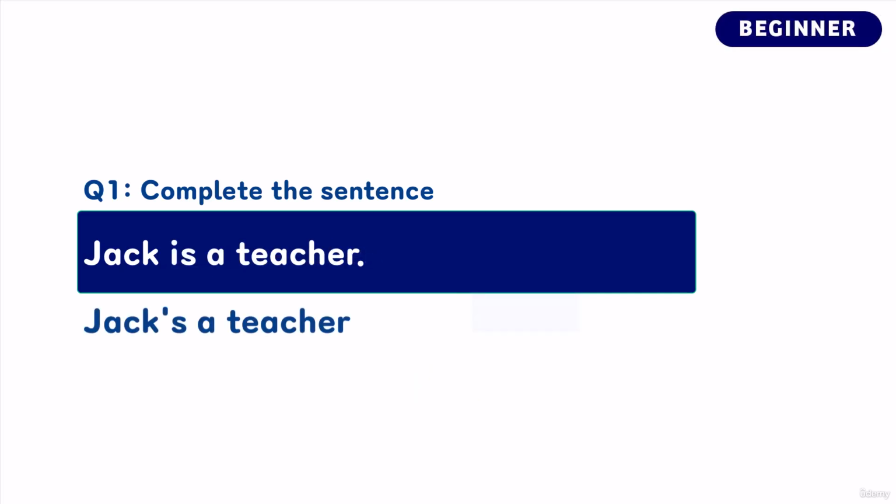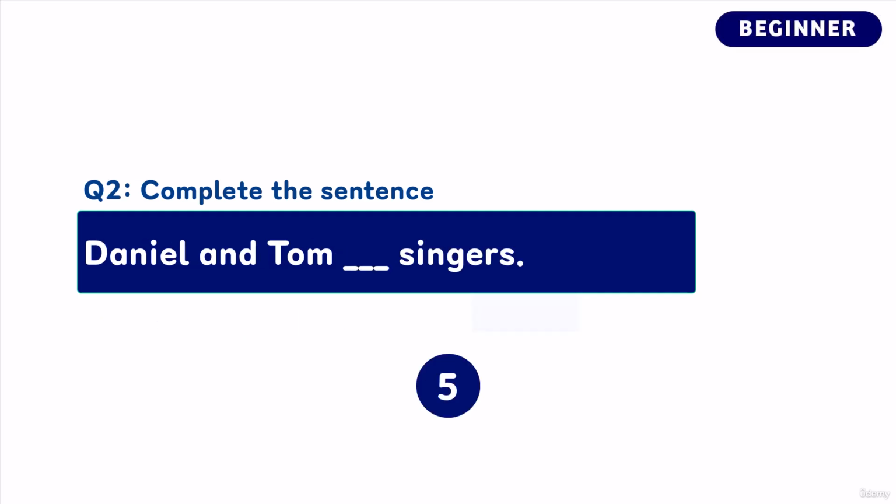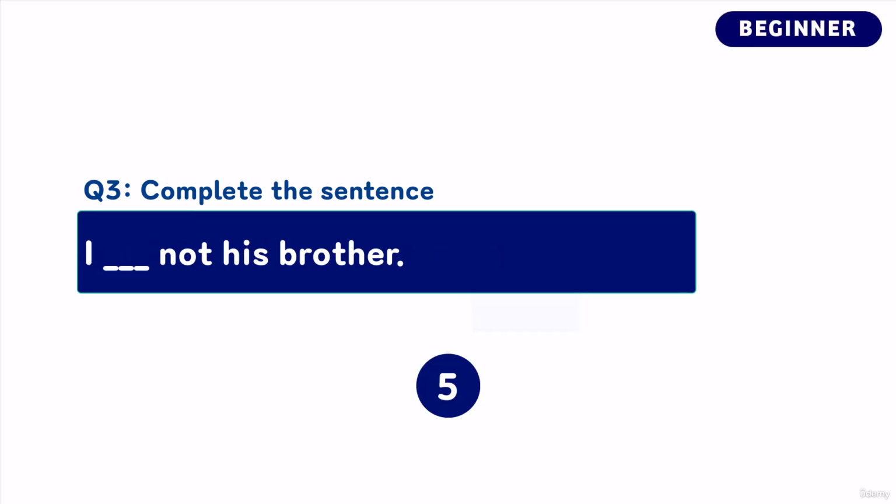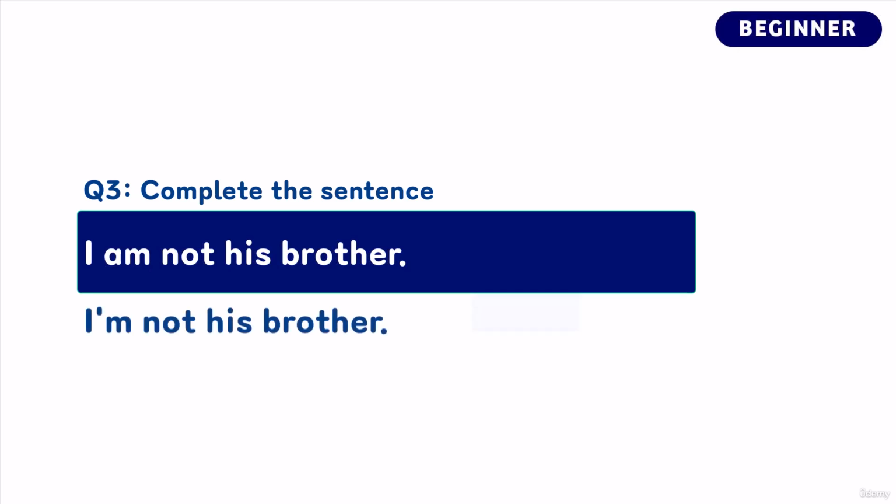Jack is a teacher. Jack's a teacher. Daniel and Tom are singers. I am not his brother. I'm not his brother.